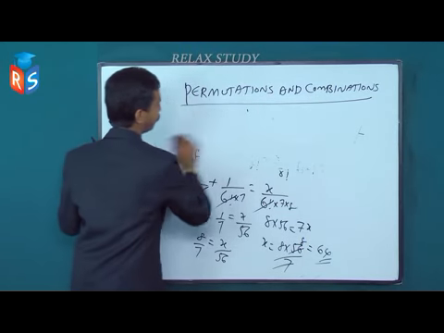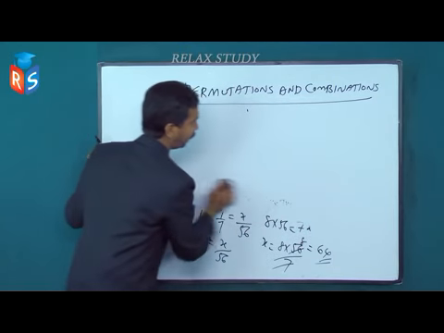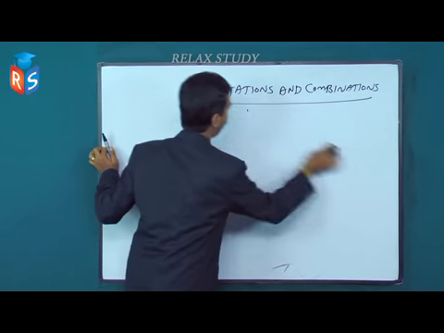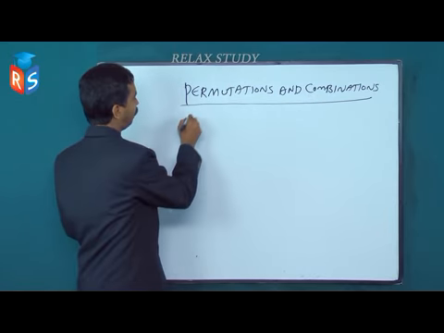Next one, evaluate n factorial by n minus r factorial when n equals 6 and r equals 2.